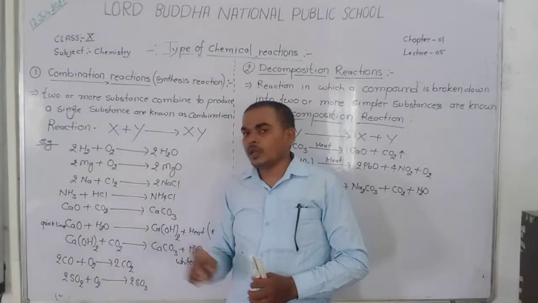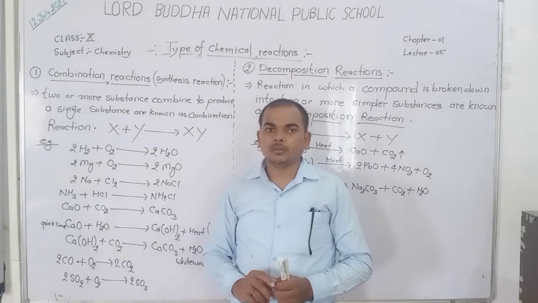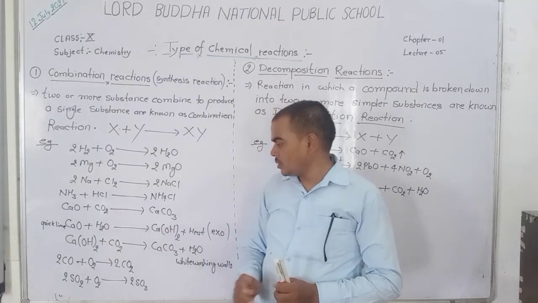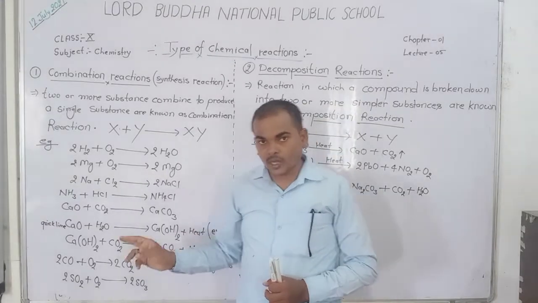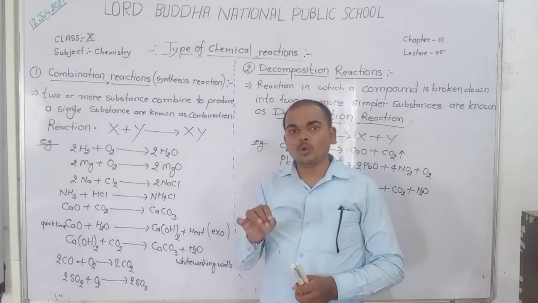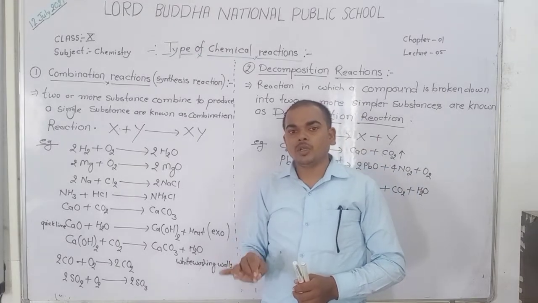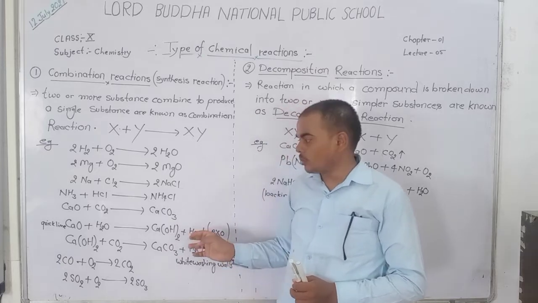When you dissolve calcium oxide, that means chuna, in water, it forms calcium hydroxide and produces heat. You know that a reaction in which heat is released is known as an exothermic reaction.